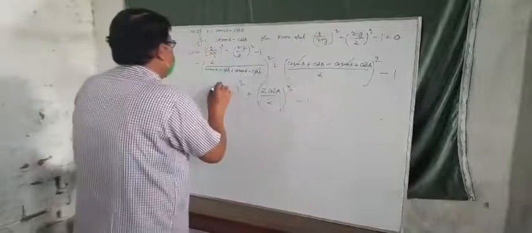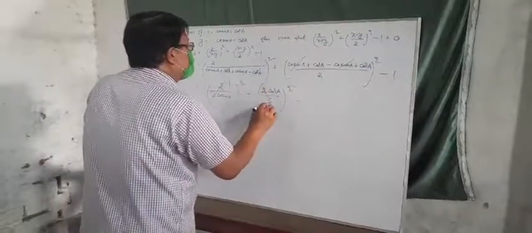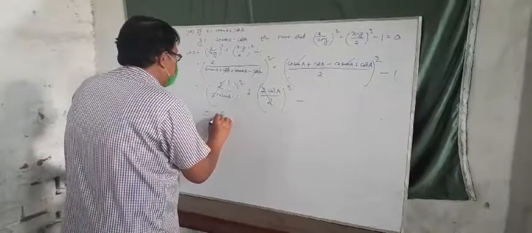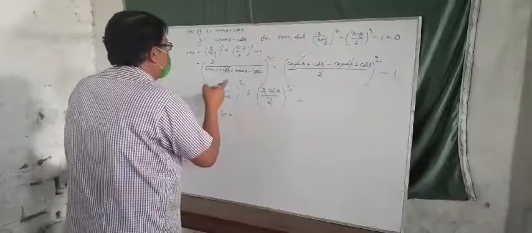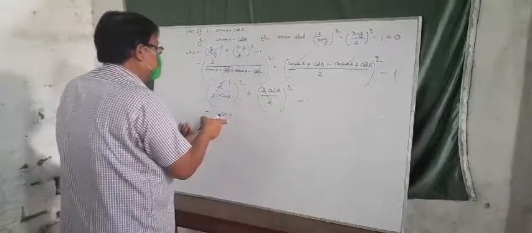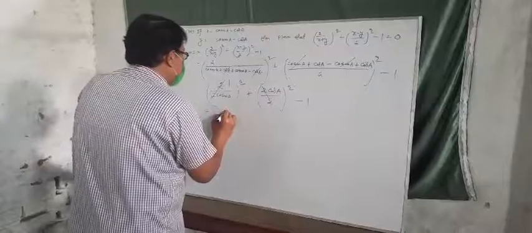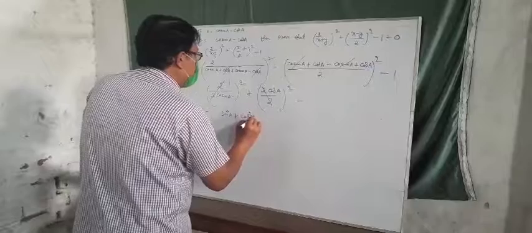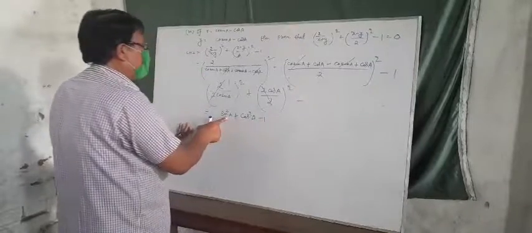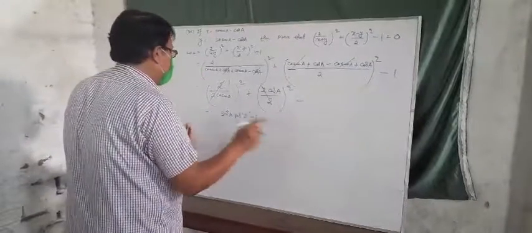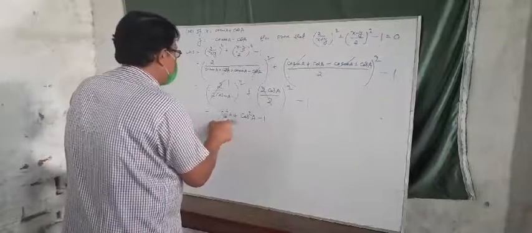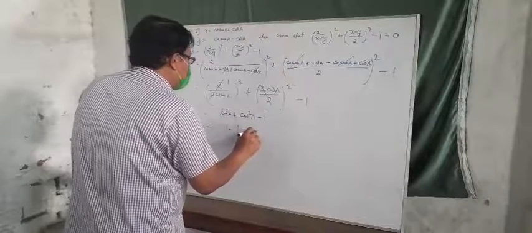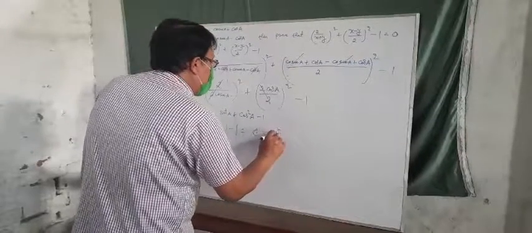Now 2 cancels out. 1 upon cosec A is sin A, as we have already proved. Here sin square A plus cos square A minus 1. Sin square A plus cos square A is equal to 1, as we have already proved. So 1 minus 1 is 0. Here LHS is equal to RHS.